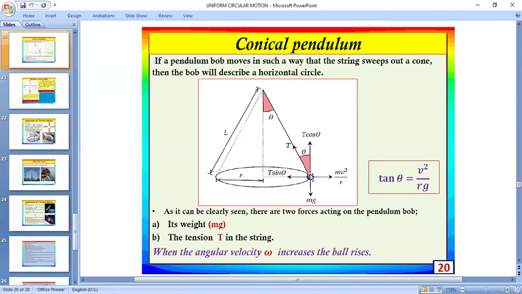And in that process of lifting it up, because it's very fast, it disconnects the fuel supply to the combustion chamber. So since the fuel is cut, then it cannot go beyond a certain speed. So this is another application of uniform circular motion. Not application, but a case study of uniform circular motion.